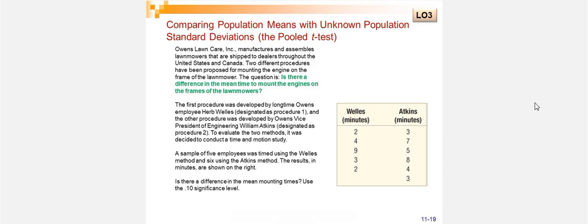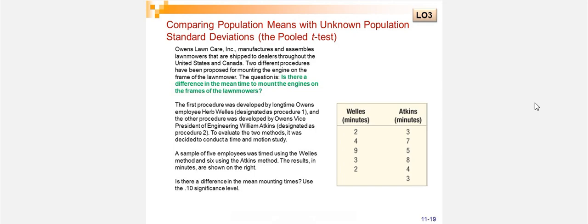Two different procedures have been proposed for mounting the engine on the frame of the lawn mower. The question is, is there a difference in the mean time to mount the engines on the frames of lawn mowers?